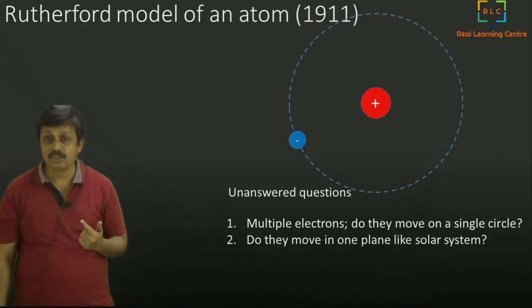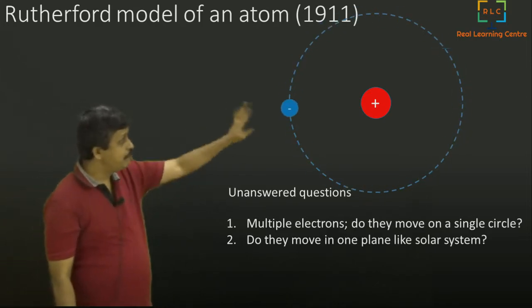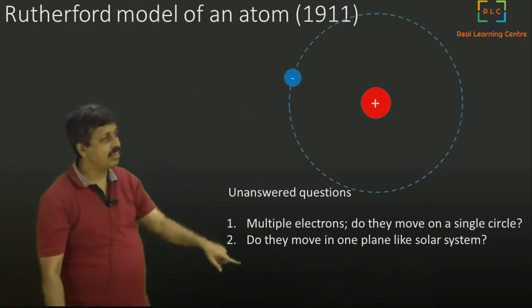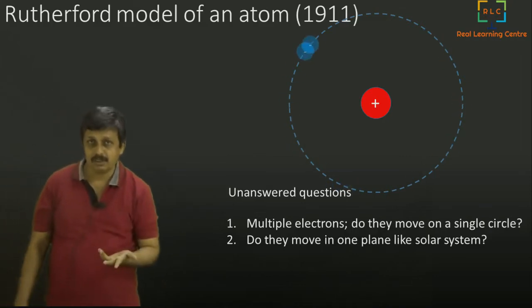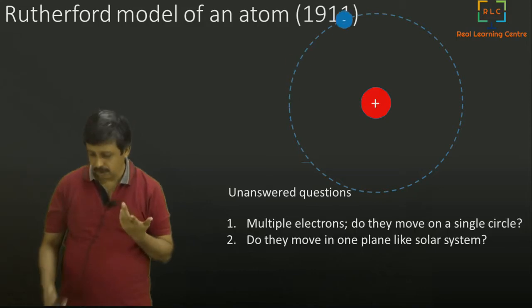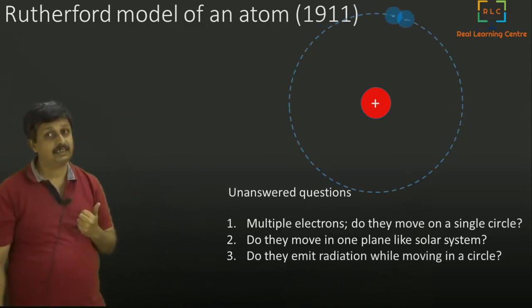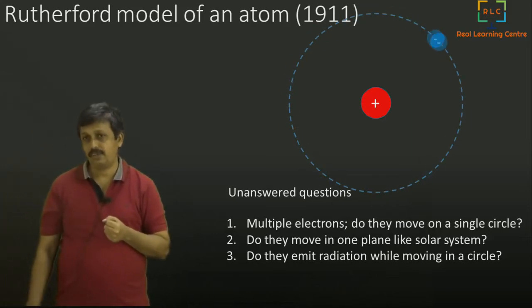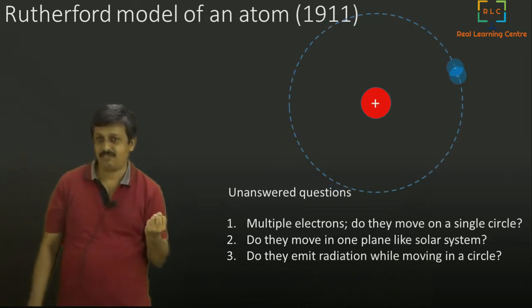The second question was, are all of them like planets on the same plane? Is one electron going like this, another electron going like this, in different planes? Is that possible? There was no explanation on that. Plus there was a very interesting, more technical question: when going around, do they emit any kind of radiation?